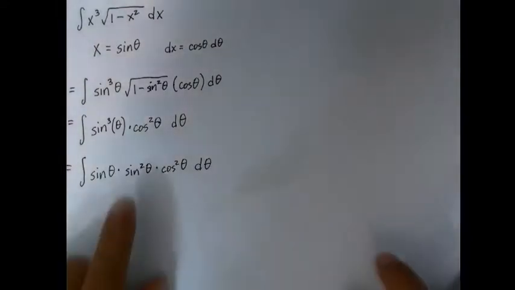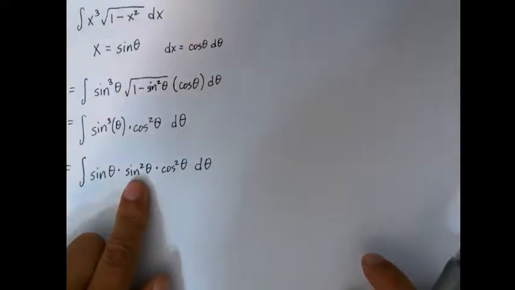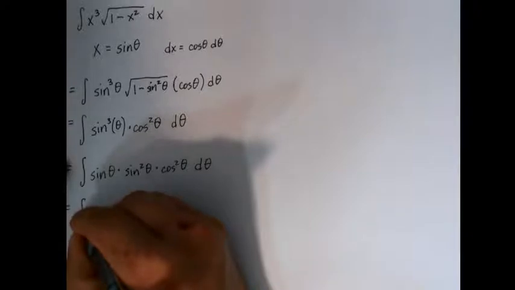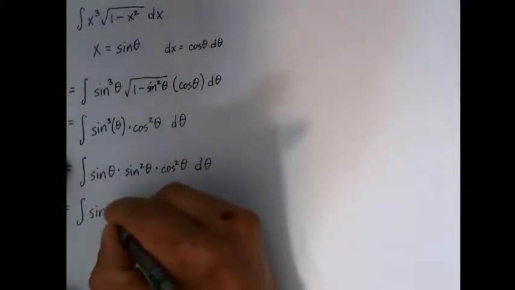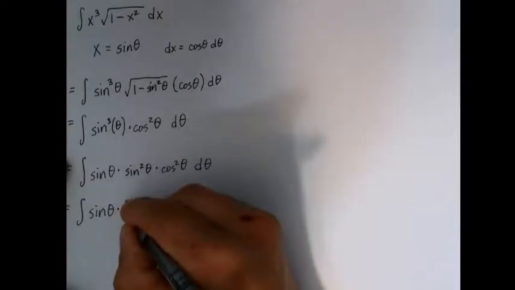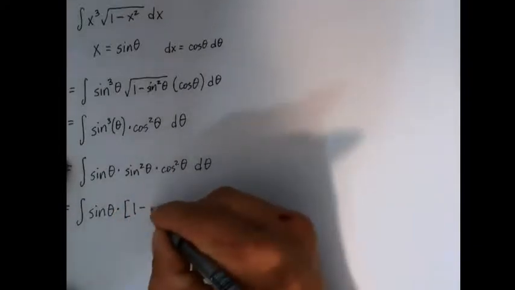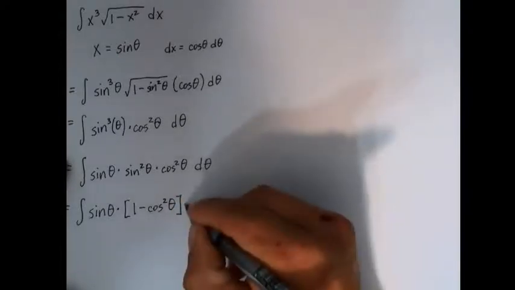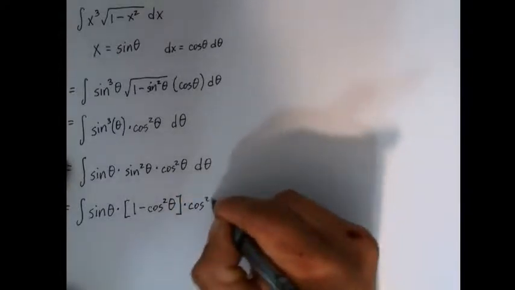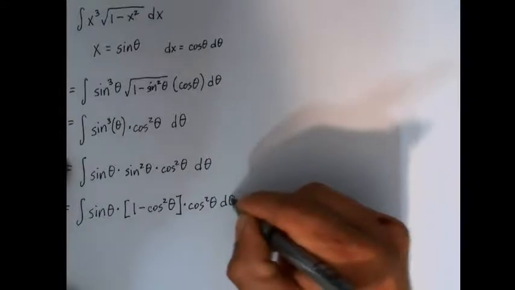And we are going to rewrite this as 1 minus cosine squared theta. So we'll have the integral of sine theta times 1 minus cosine squared theta times cosine squared theta d theta.